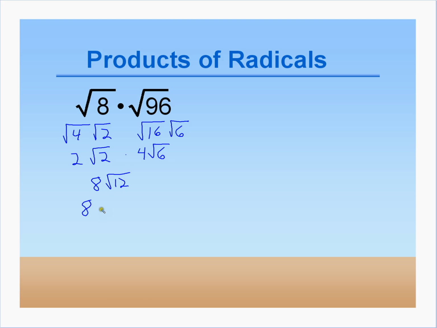So we have our 8, and we can split 12 into the square root of 4 times the square root of 3, and we get 8 times 2 times root 3, and that is 16 root 3. And so we see the square root of 8 times the square root of 96 is 16 root 3.